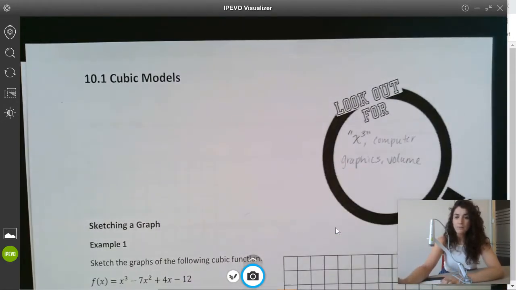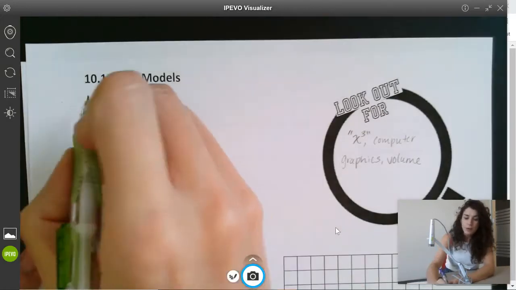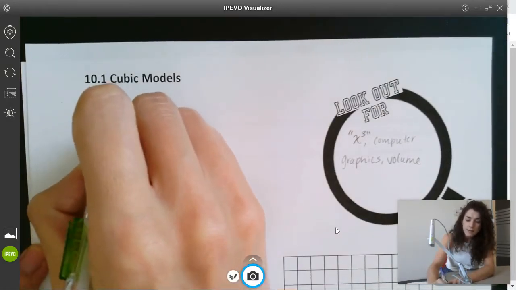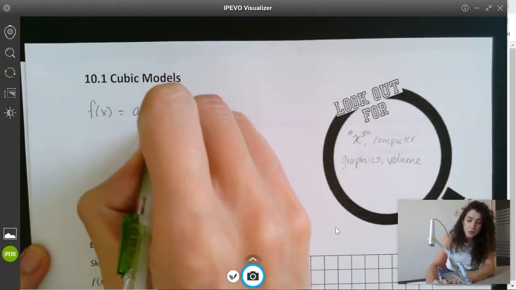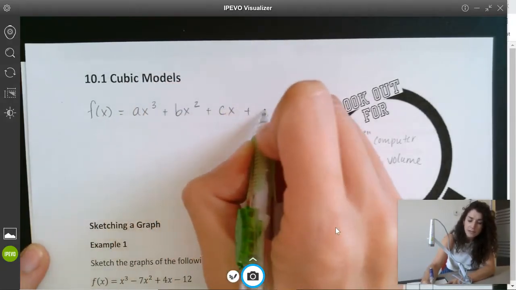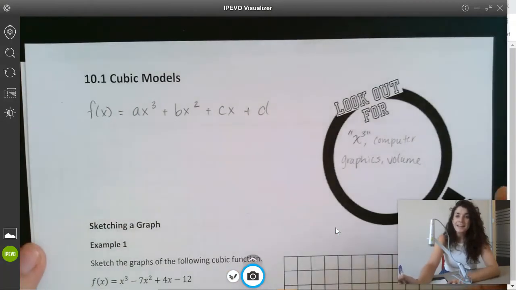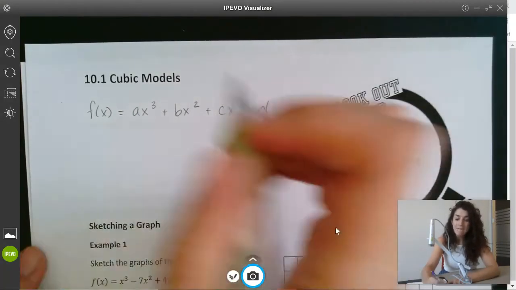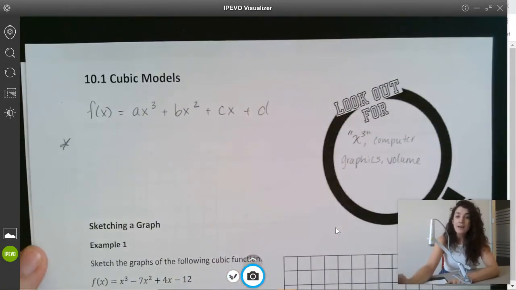Those are the main ideas of what we know is going to involve a cubic model. So the general form of a cubic model is f of x equals ax cubed plus bx squared plus cx plus d. And now we can see how many unknowns we have. With quadratics, we had 3 unknowns, a, b, and c. How many unknowns do we have for a cubic?